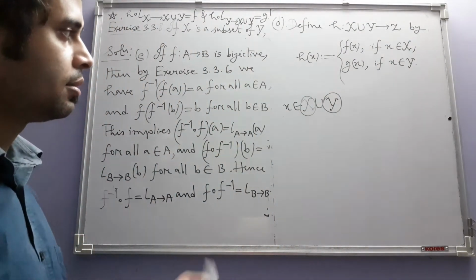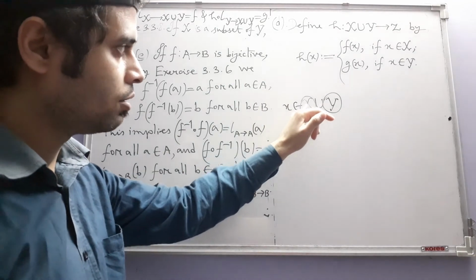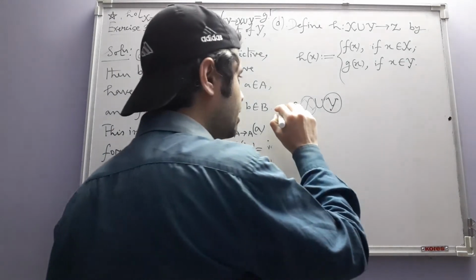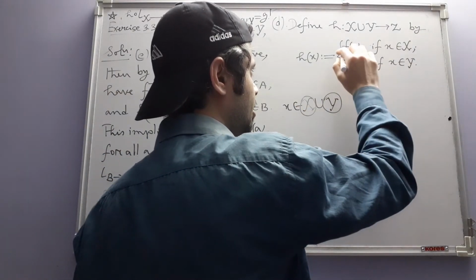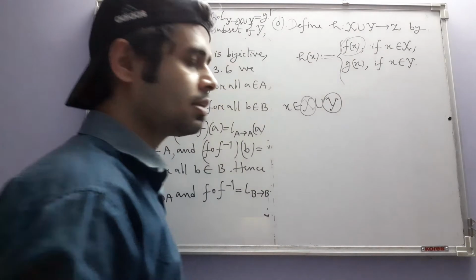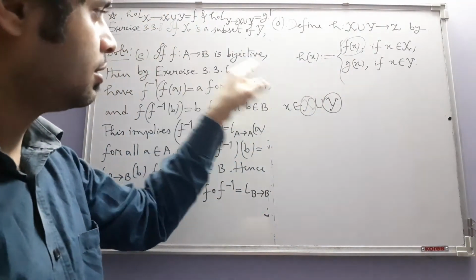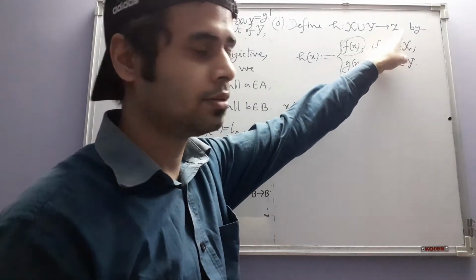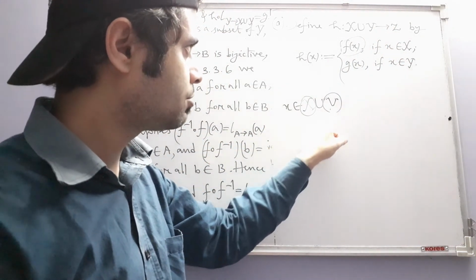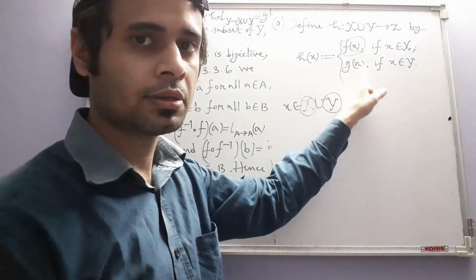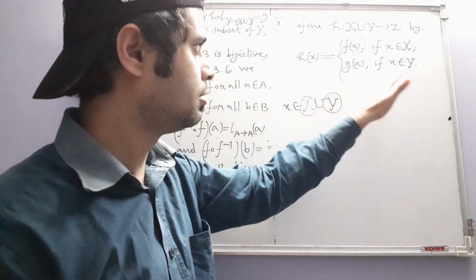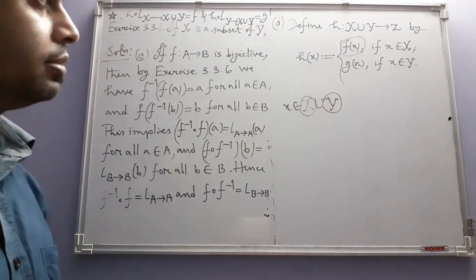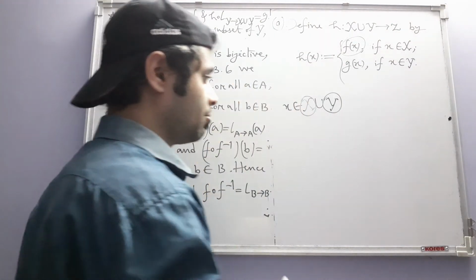If x belongs to X, then the definition says that the output is fx. And since f is a function from X into Z, this fx is a unique element in Z. If the input belongs to Y, then the output is gx. G is also a function from Y into Z, so the output belongs to Z and is a unique element in Z. So this function is well defined.